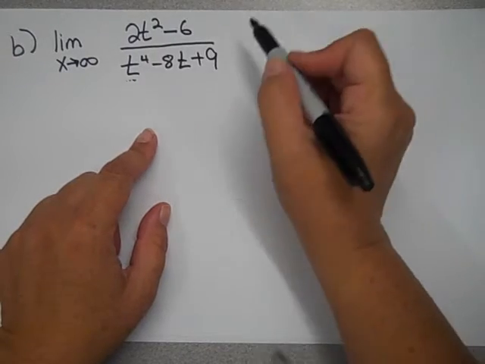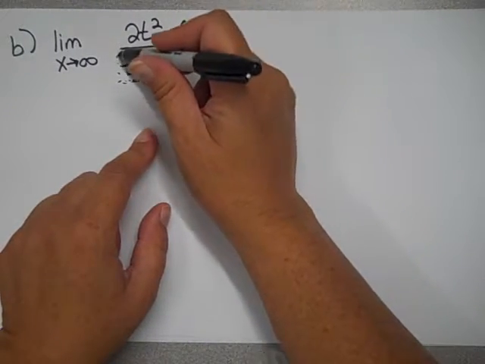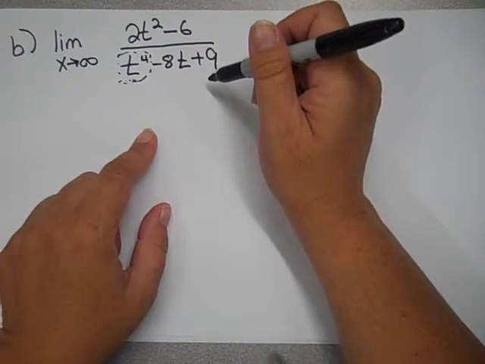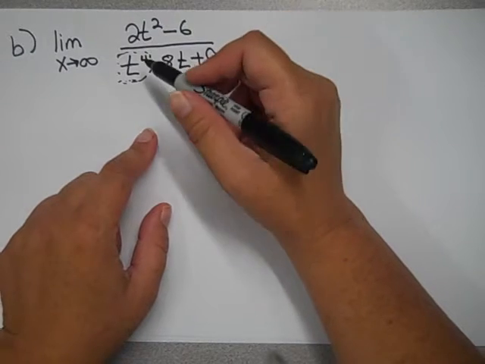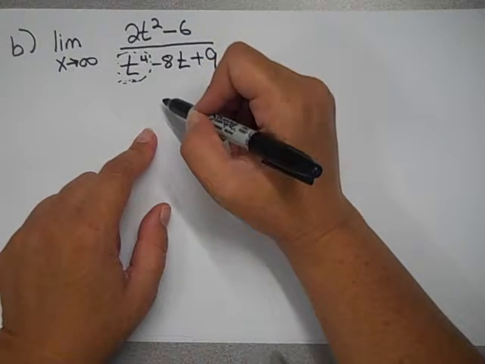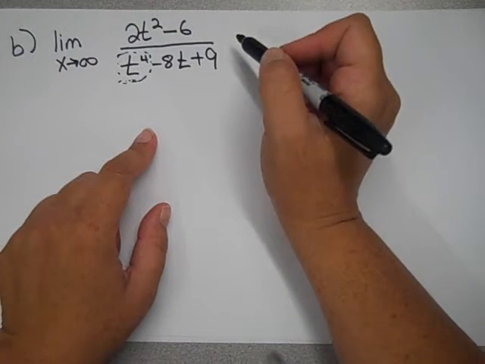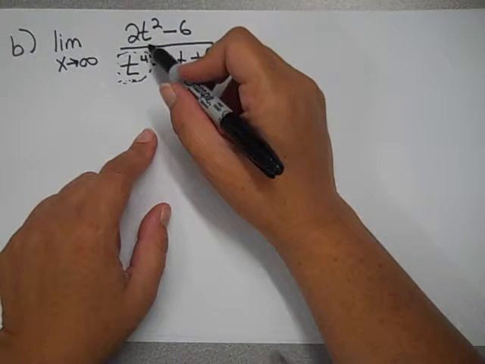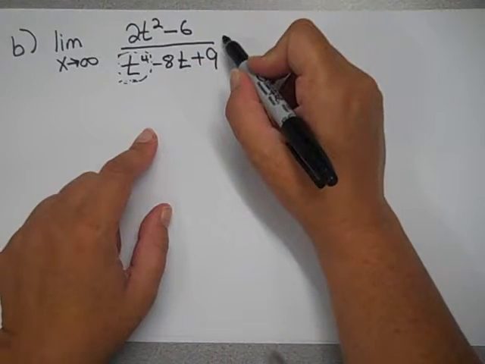So the term that's going to take over is going to be this term right here. As we get bigger and bigger and bigger, this term is going to eclipse everything else. Because you think about it, if you took 1,000,000 to the fourth, subtracting 8,000,000 is hardly going to matter.